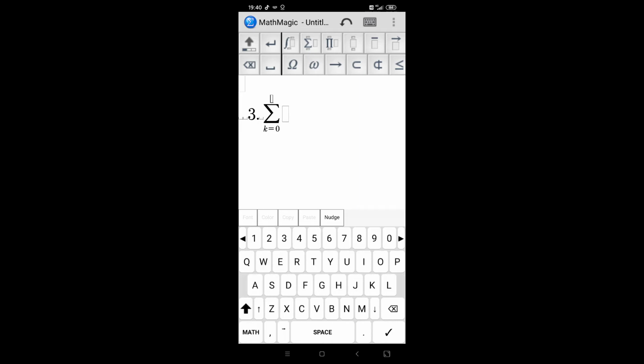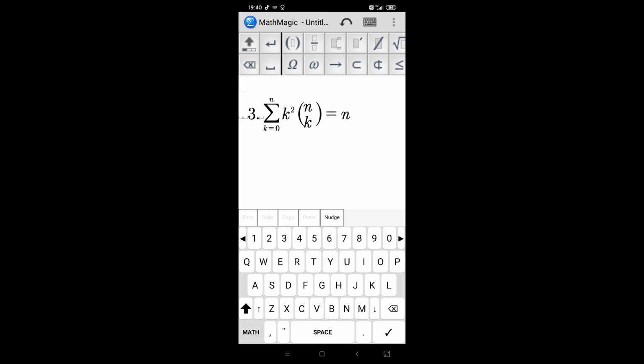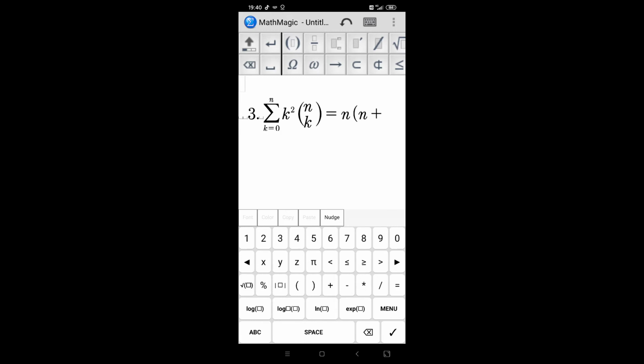So our identity 3 will be the sum from k equal to 0 to n of k square into n combination k. Here the first identity is without k, the second has k, and the third has k square, right? This sum will be nothing but n into (n plus 1) into 2 to the power of n minus 2, right?